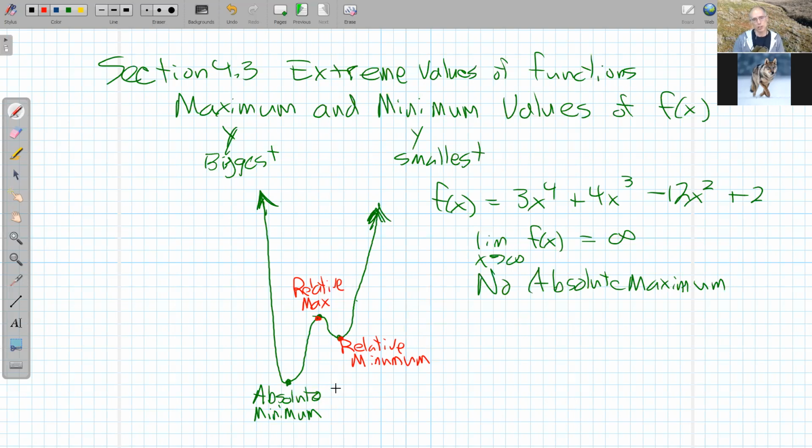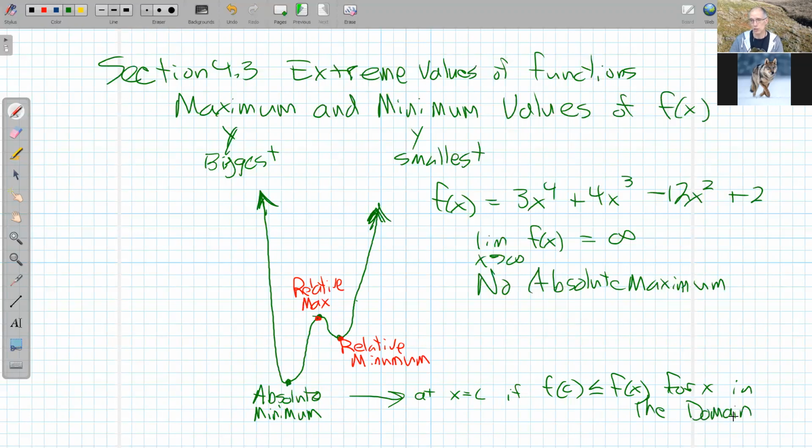Some definitions for absolute here. I would have an absolute min at, let's just call that x equals c for now, if whatever that y value is, f of c, is less than every other y value for x in the domain of the function.